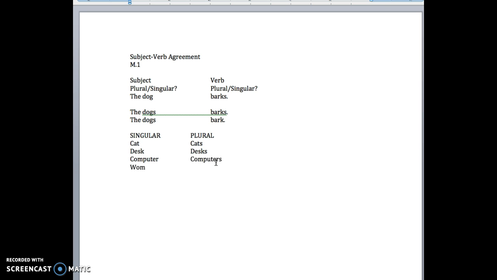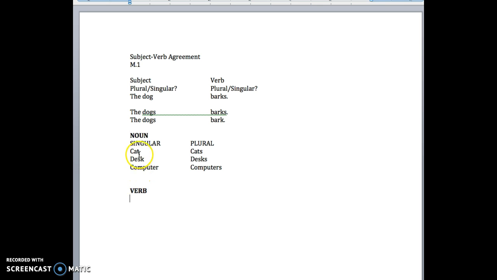There are some exceptions, you know, there are a lot of exceptions, irregulars, foot and feet, and so on. But for the most part, the general rule is you add an S to make something plural, if it is a noun. But what's very counterintuitive is that if it's a verb, it does the exact opposite.